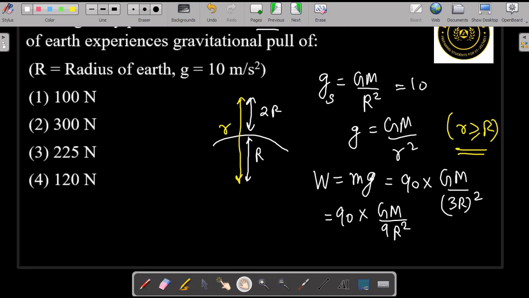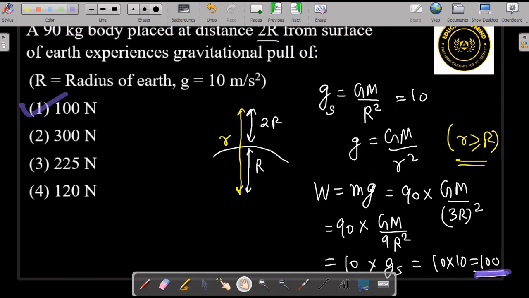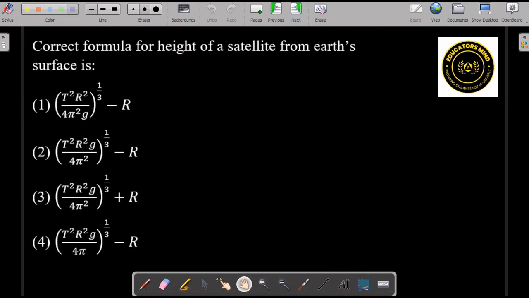So this gets cancelled out, 90 by 9 is 10, and GM by R square is the acceleration due to the surface, so 10 into 10 becomes 100. Okay, so the final answer is 100, option 1. Now let's go to the next question.